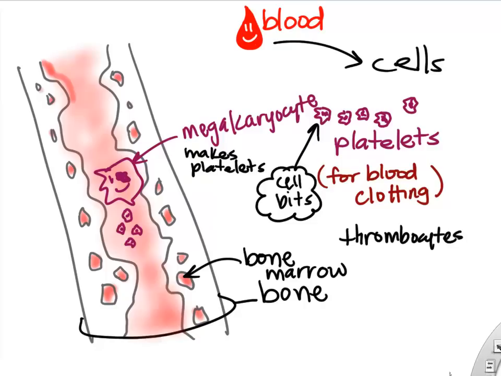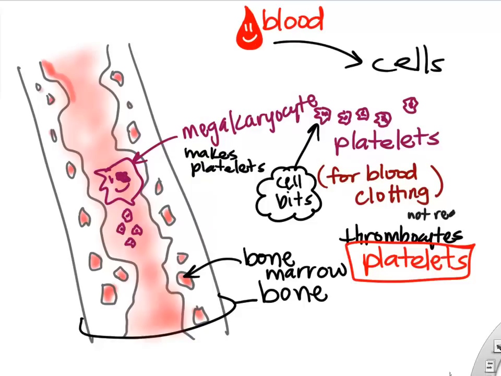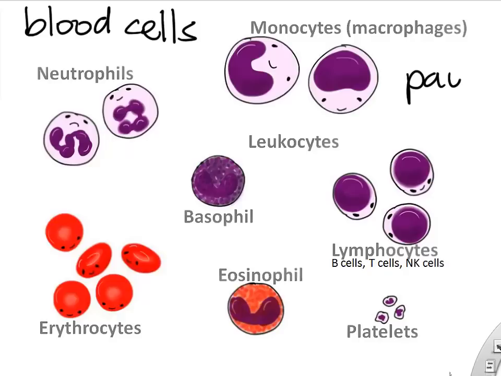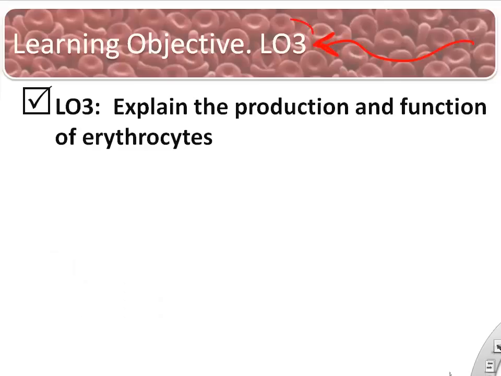So a platelet's not really a cell itself, although some textbooks call them thrombocytes. We're going to call them platelets to remind us that they're little bits of cells that can clump together and cause clots. All right, these are what your blood cells look like when you stain them with hematoxylin and eosin.